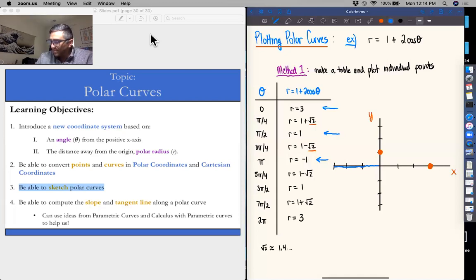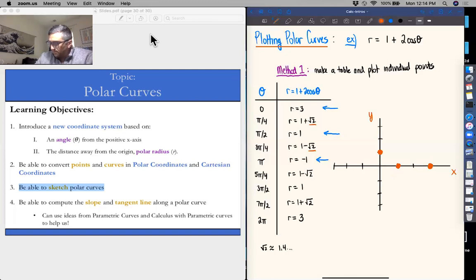Because we have a negative r value, rather than moving out toward the negative x-axis in the pi direction, we reflect over the origin and land on the positive x-axis side. That's because we have an r value of -1.